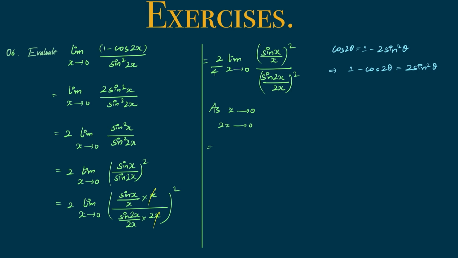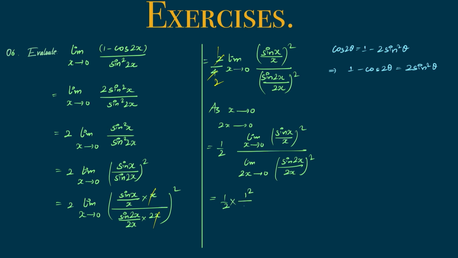I'll distribute the limit to both numerator and denominator, and obviously I will cancel this. 2 under 2, 2 2s are 4, so it will be 1 by 2 limit x tends to 0 of sine x by x whole square, divided by limit 2x tends to 0 of sine 2x by 2x whole square. So this will be equal to half into 1 square by 1 square, and my final answer will be half.